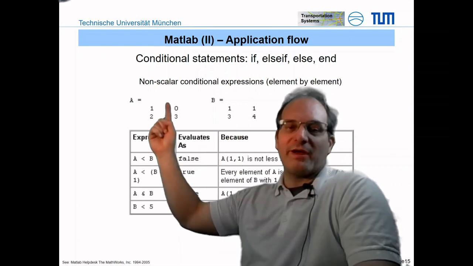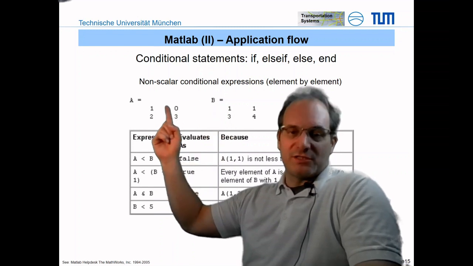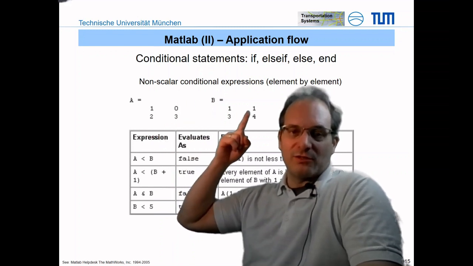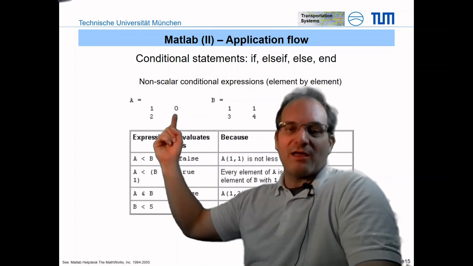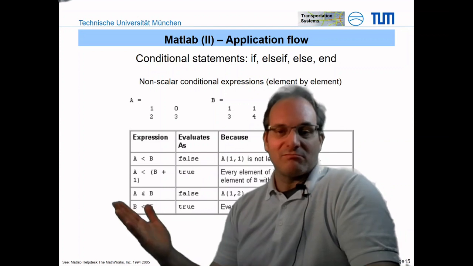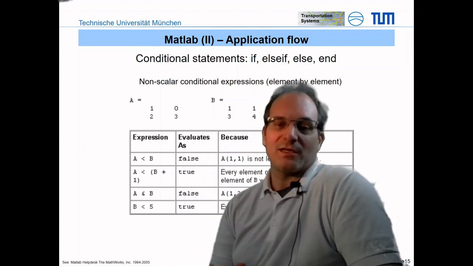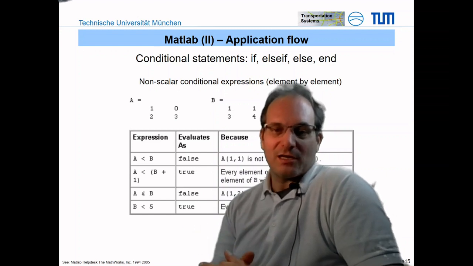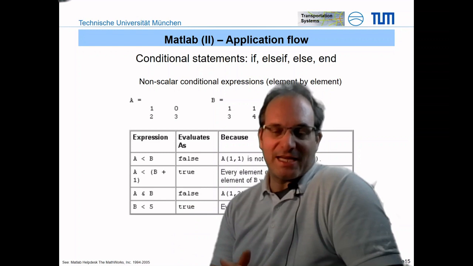And then if you compare it, 1 is lower than 2, 0 is lower than 2, 2 is lower than 4, and 3 is lower than 5. Then you see it's true, because you will get an element by element truth state.